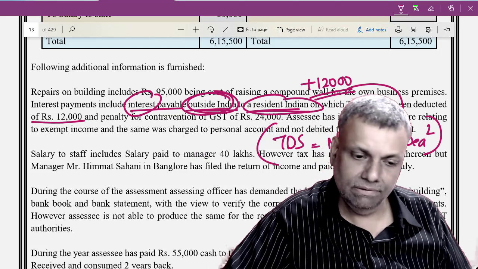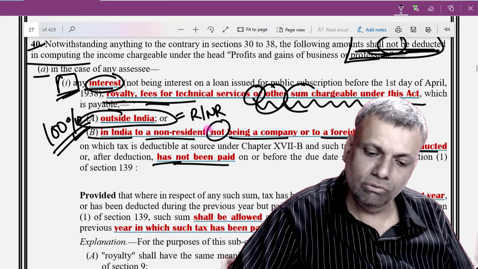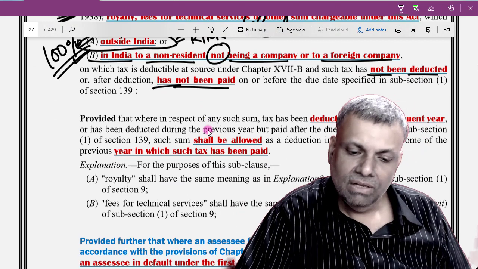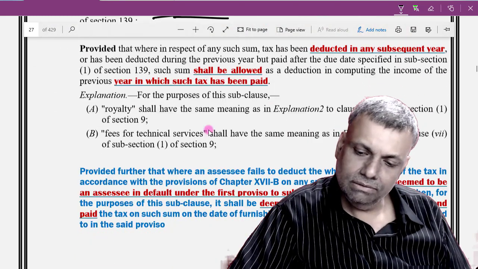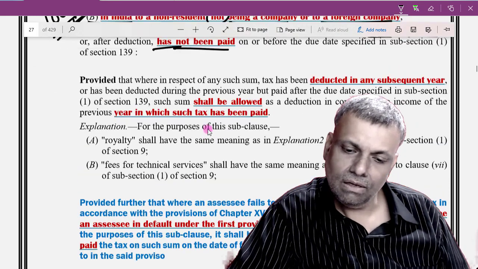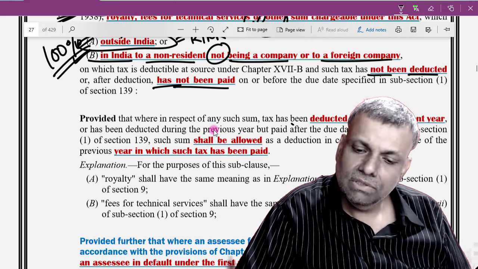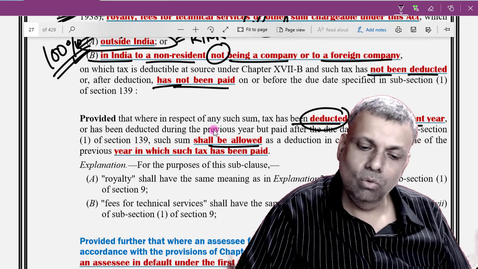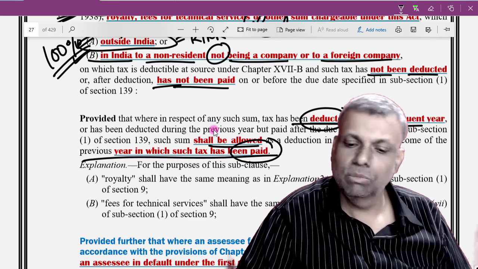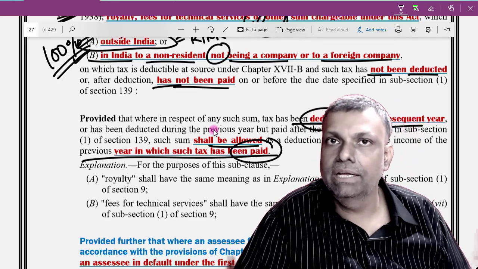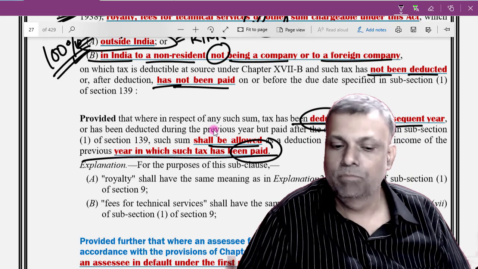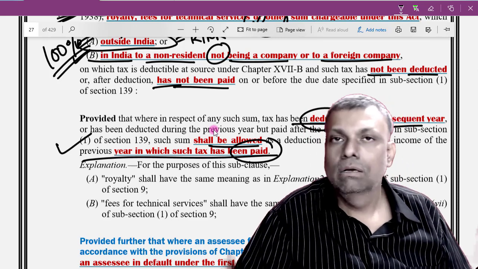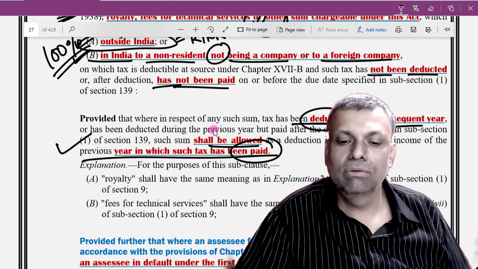It's a simple trade-off, and that kind of provision is very routine. Where the tax has been deducted in any subsequent year, it shall be allowed in the year in which such monies have been paid on account of TDS to the government. Finish. So the year in which you pay the money, that year the government will give you the deduction.